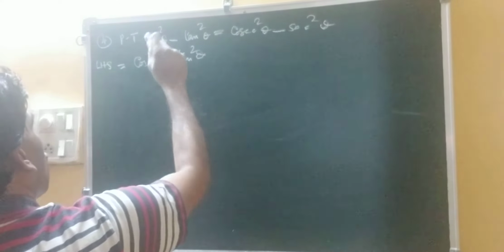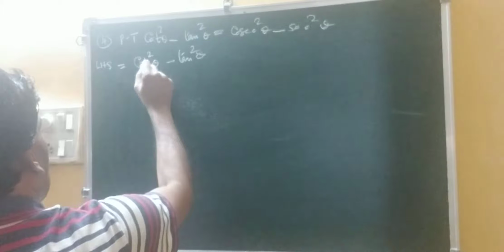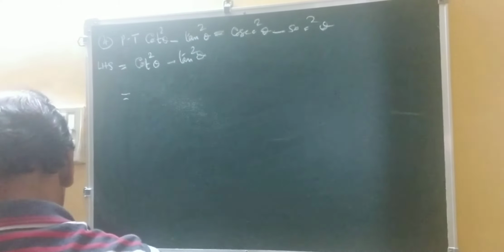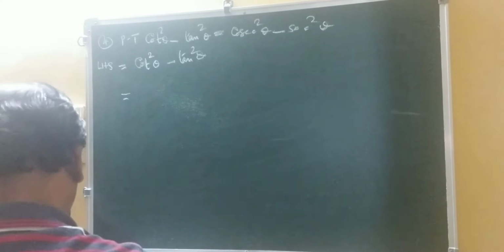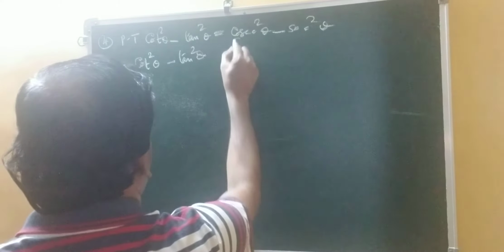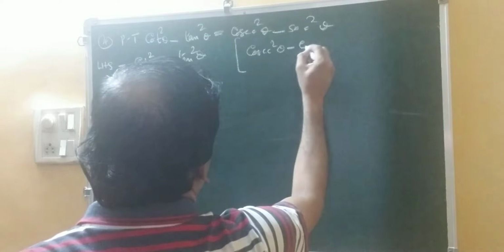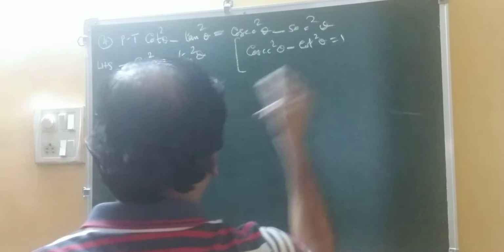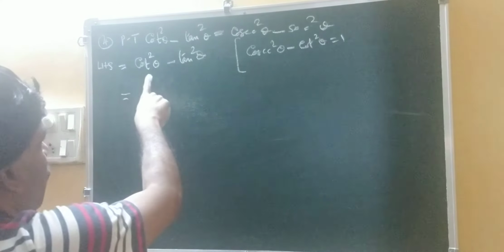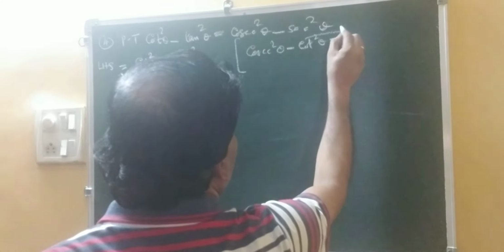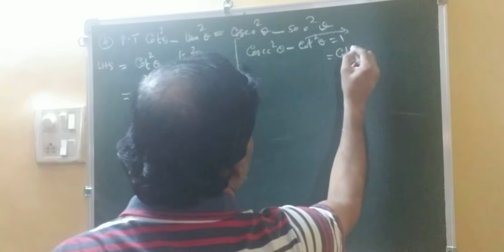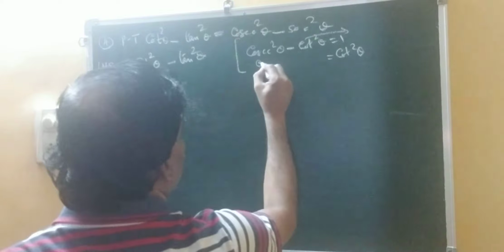Sorry, it is cot square theta. Now what is the formula? Cosec square theta minus cot square theta equal to 1. Okay, here what we got? Cot square theta. So we will take it here.